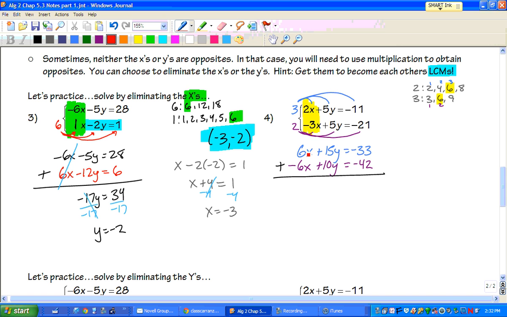Okay, add those up. Your x's cancel. You get 25y equals negative 75. Divide by 25. Your y equals negative 3.